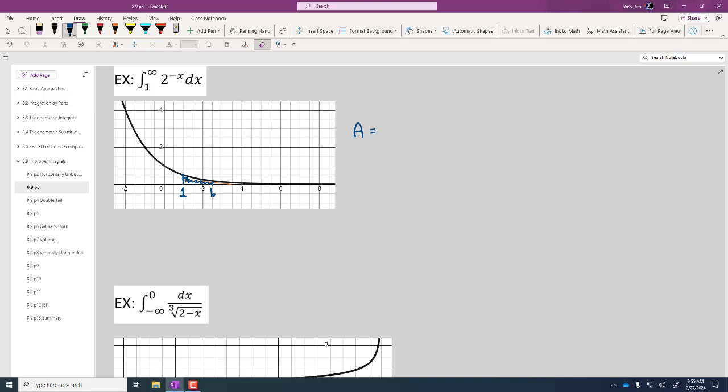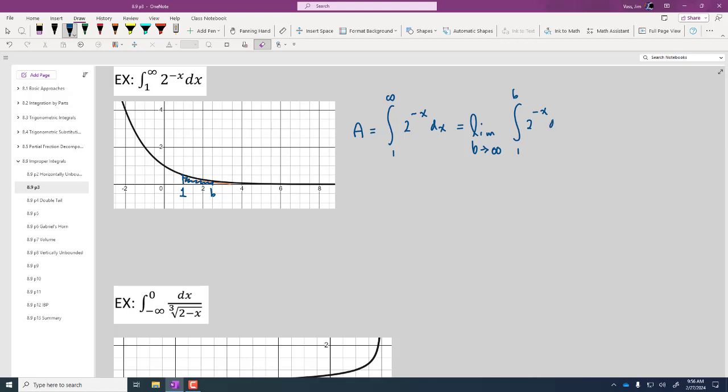So the area is the integral from 1 to infinity of 2 to the negative x dx. Okay, so the first word we write down in solving an improper integral is limit. And since we are going to the right, we're finding the area of a right tail, we let b go to infinity. It doesn't matter what letter you choose, b is just what this book chooses.